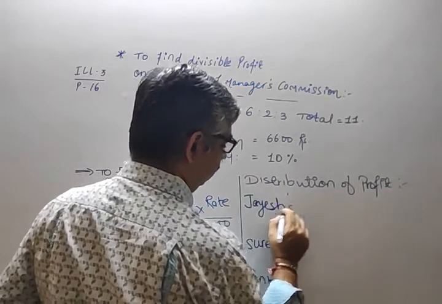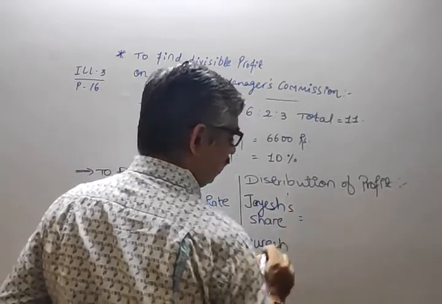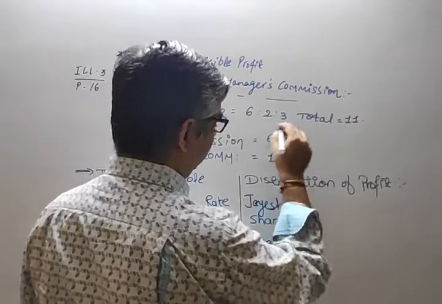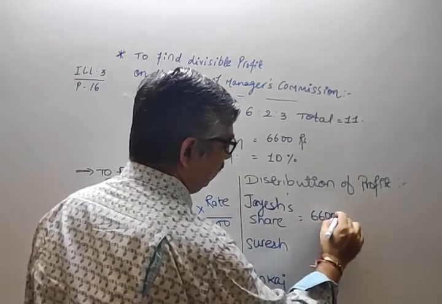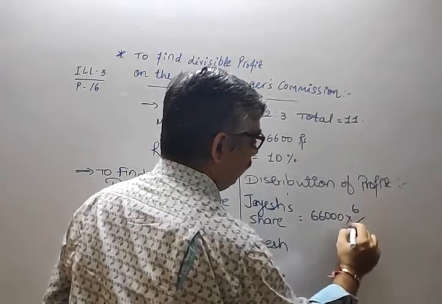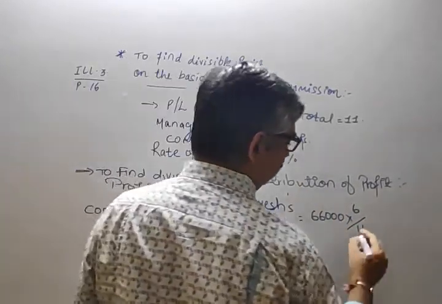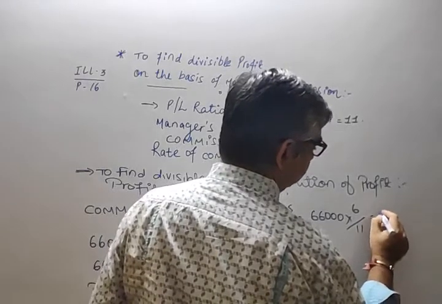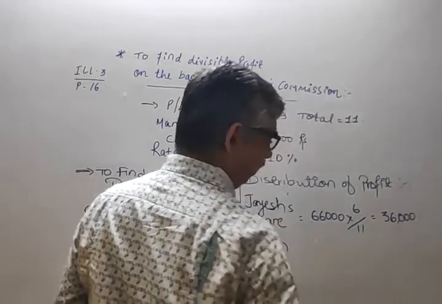Jayesh share equals to, that's very, very simple, our profit 66,000 into his share 6 upon 11, 11 6 obviously 66,000, so that is 36,000.